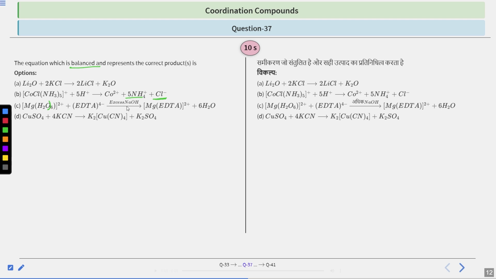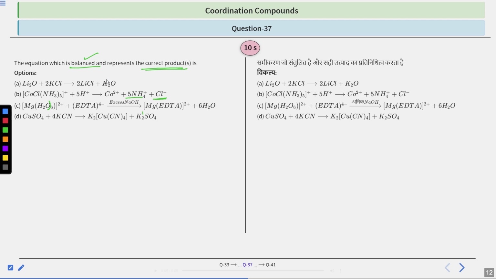plus EDTA 4- in the presence of excess NaOH giving us [Mg(EDTA)]2+ plus 6H2O, or copper sulfate plus 4KCN giving us K2[Cu(CN)4] plus K2SO4. You have to tell which reaction is balanced as well as represents the correct products. You have 10 seconds to solve this question.